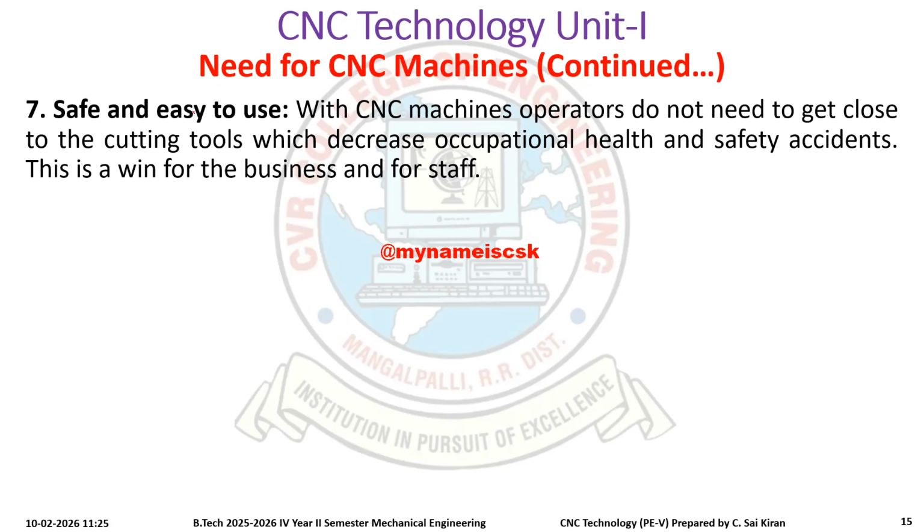But in a CNC machine, when we are manufacturing, we close the doors and start manufacturing, so there is a decrease in occupational health and safety accidents. Even if the tool goes outside the table, it doesn't touch anyone or cause accidents. So the business will be safe for staff.